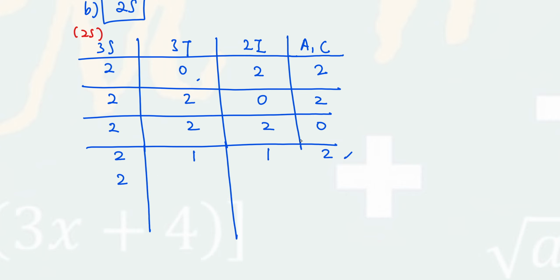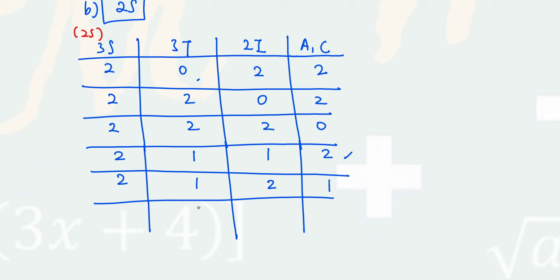So you just make sure do not miss out any of the combinations. My 2 now is in the I, so that means this 2 will be 1. And now my 2 is the T, so here again 2, then here 1, 1. So I have considered 1, 0, then 1, and then I consider 2.